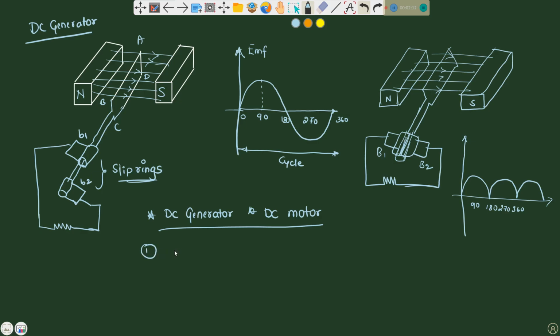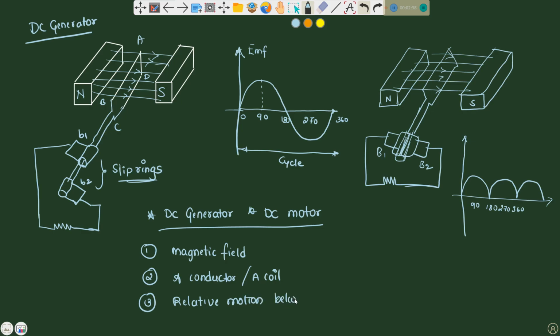One is a magnetic field, a conductor or a coil, and relative motion between them. Relative motion between them means these two. Okay, magnetic field, a conductor or a coil.